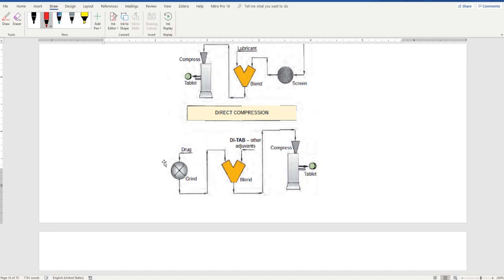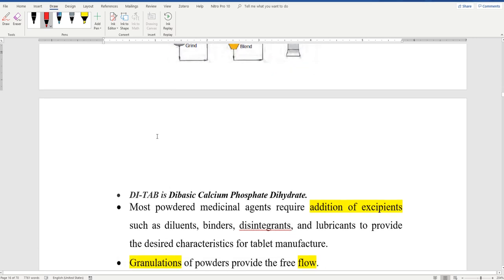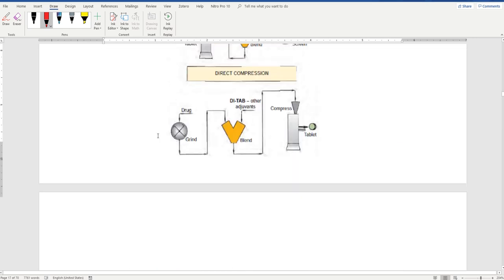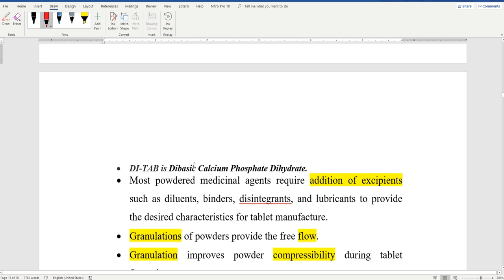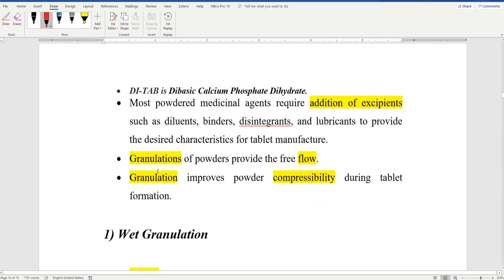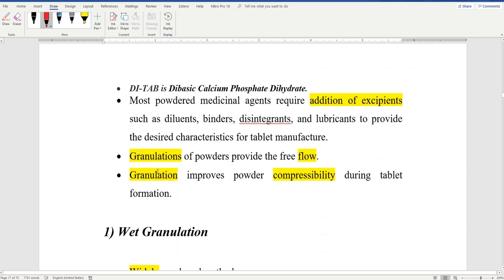Okay, that's why we prefer the granulation way, the indirect way. Here I forgot to say that DiTAB is the trade name for dibasic calcium phosphate, which is an inorganic diluent that we talked about in the capsule formulation.